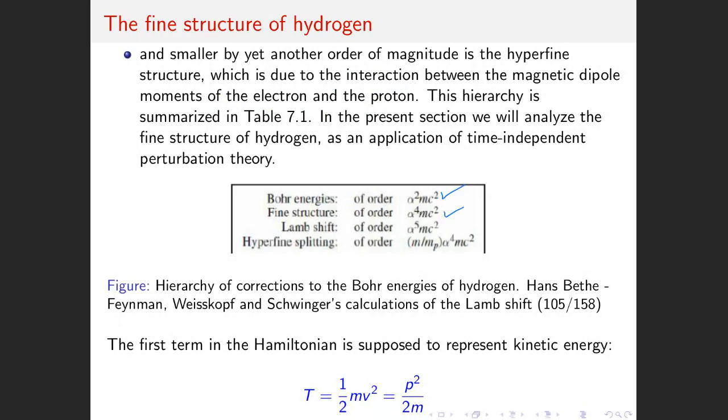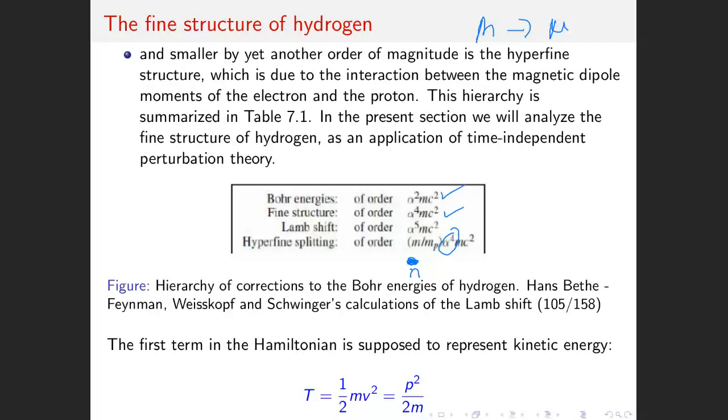This effect, although it's of order alpha to the 4, arises from taking into account the fact that the nucleus has a mass, and to do that you just replace the m that's appearing in the equation by the reduced mass, which we know how to do.